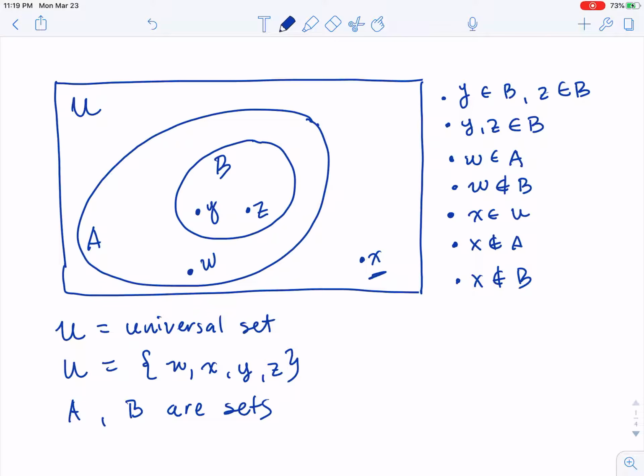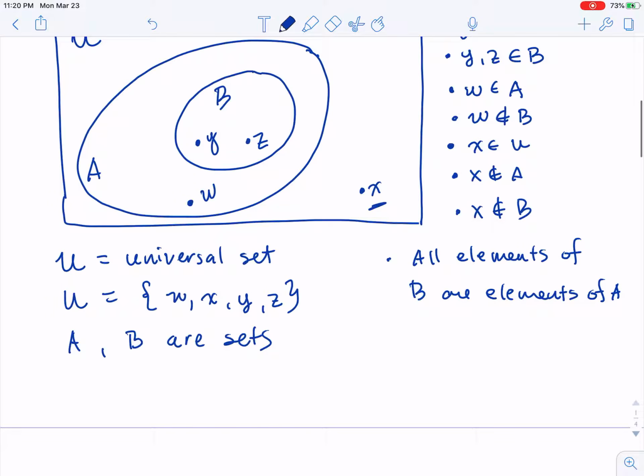Anong napapansin nyo? All elements of B are also elements of A. All elements of B are elements of A. Bakit? Ang elements of B ay Y at saka Z, di ba?